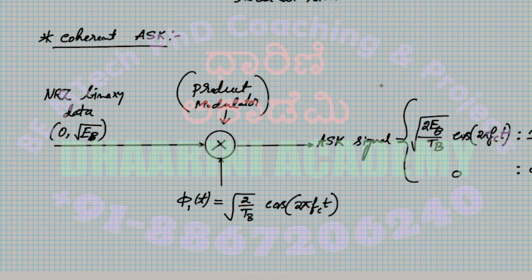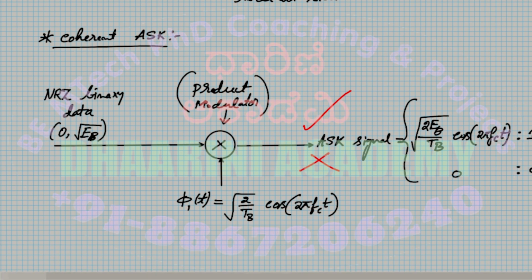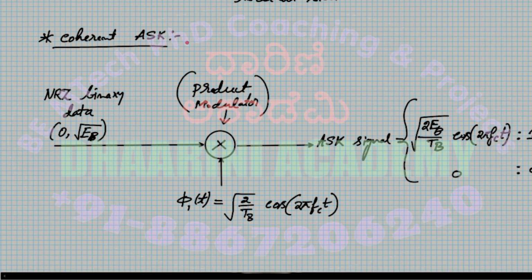At the same time, if the input is 0, there is no output. So the circuit turns on for some time, circuit turns off for some time. Because when it is on, it produces an output; when there is no input, there is no output, right? So on and off. Because of which, now you see, we have a new name for this circuit. That is called on off keying.